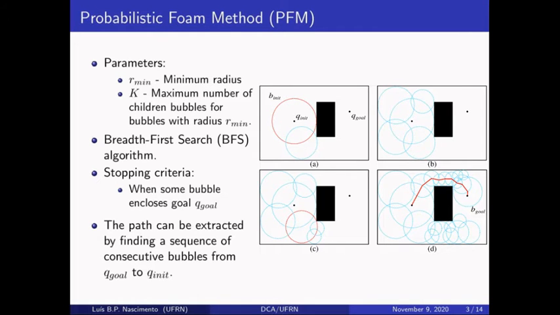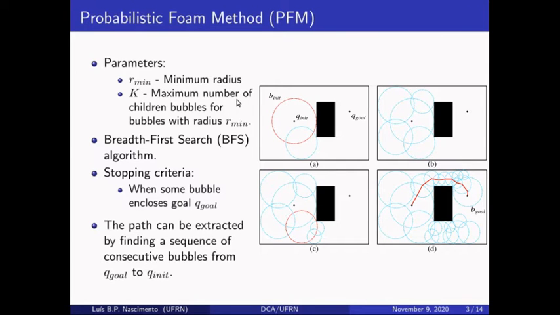This method has only two parameters. The first one is R-min, which denotes the minimum radius allowed for a bubble, and the second is K, the maximum number of children bubbles that a bubble with a radius greater than R-min can have.